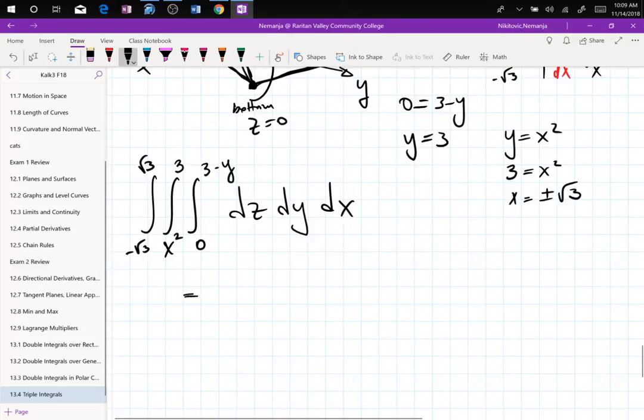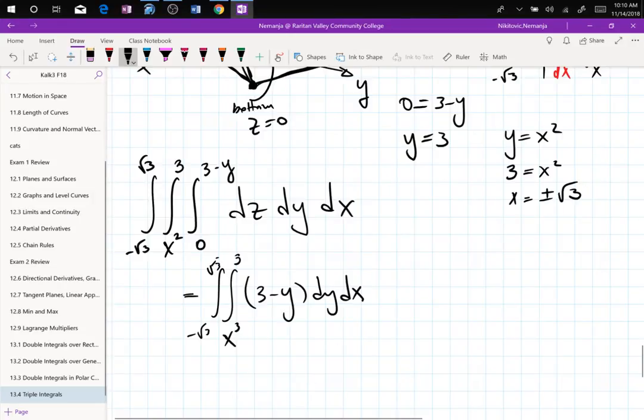Quick calculation over here. Triple integral of 3 minus y dy dx, negative root 3 to root 3, x squared to 3. Integrate this one. What do I have over here? Shouldn't that be x squared instead of x cubed?